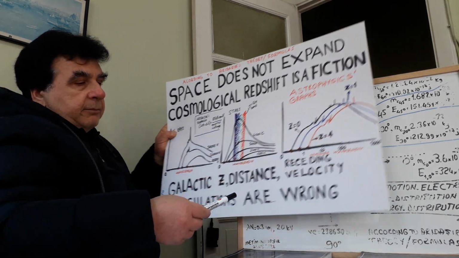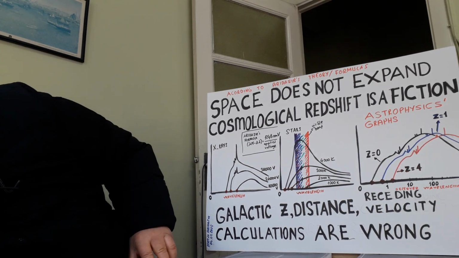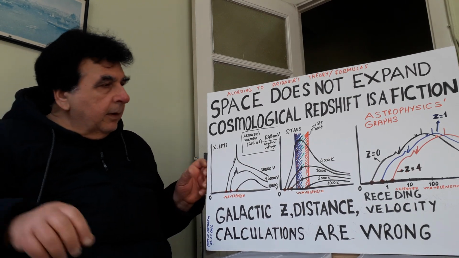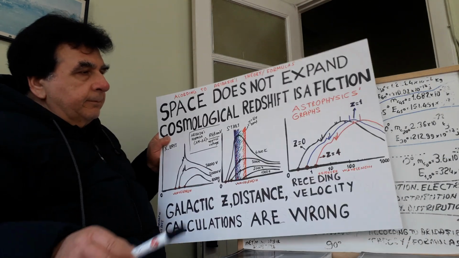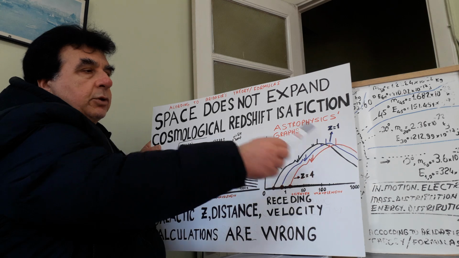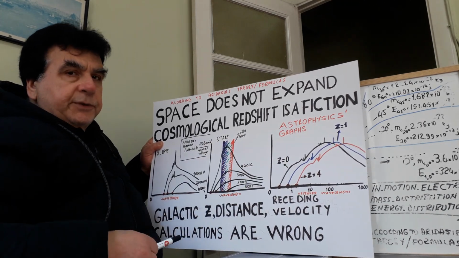Blue one, Z equal 1, and black one, Z equals 0.